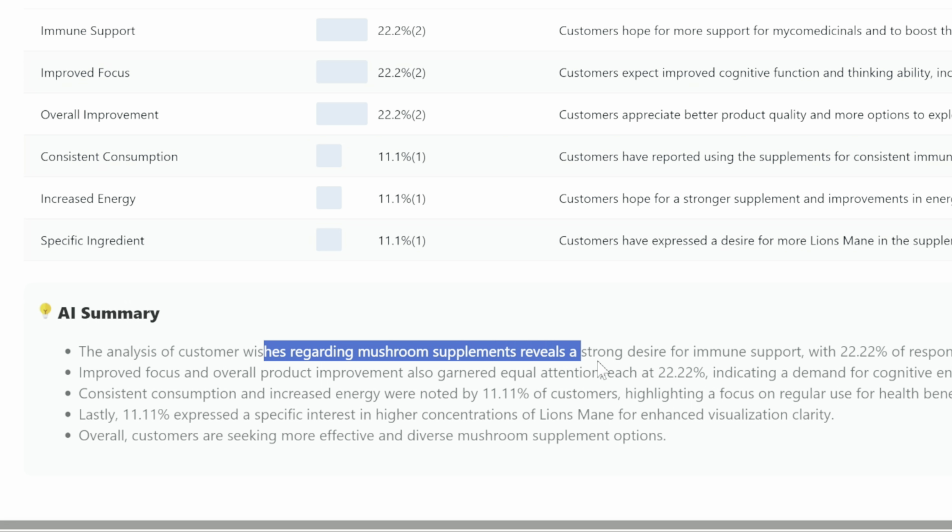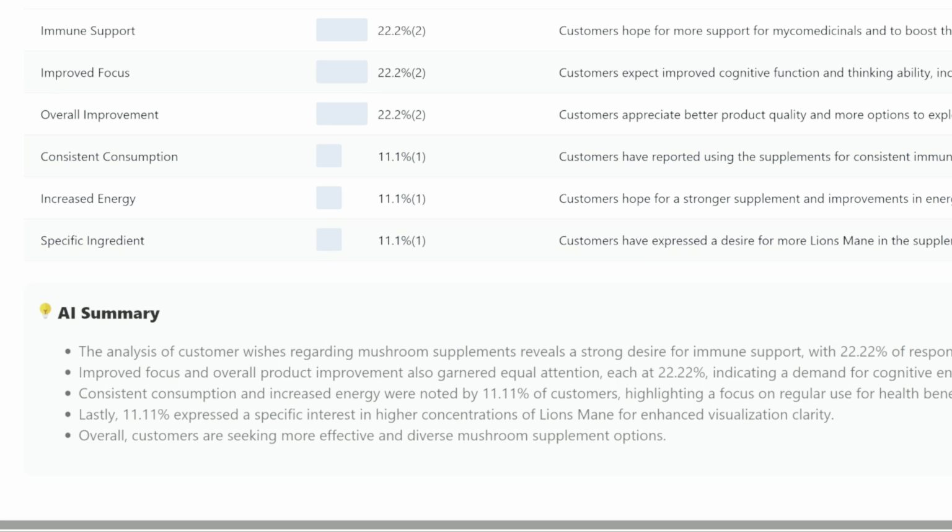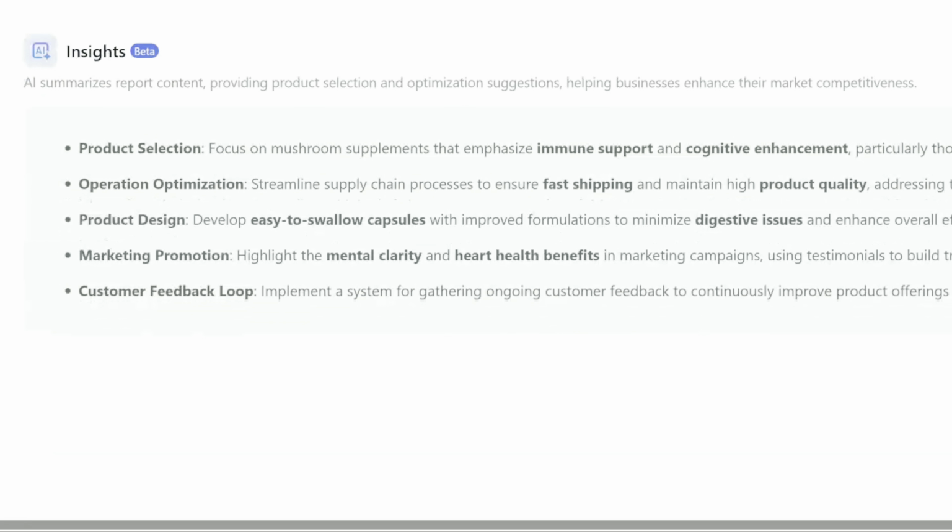So the AI summary tells you the exact unmet needs and how people are perceiving it and where they want improvement. It details it all for you. So overall, AI summary insights address each section of your business: product selection, operation optimization, product design, marketing promotion, customer feedback.